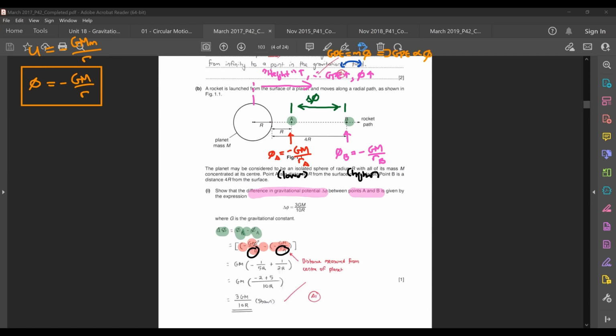and Rb. So your R here is actually the separation between the masses. Maybe I should rewrite this. This is the separation between the mass and the point considered.